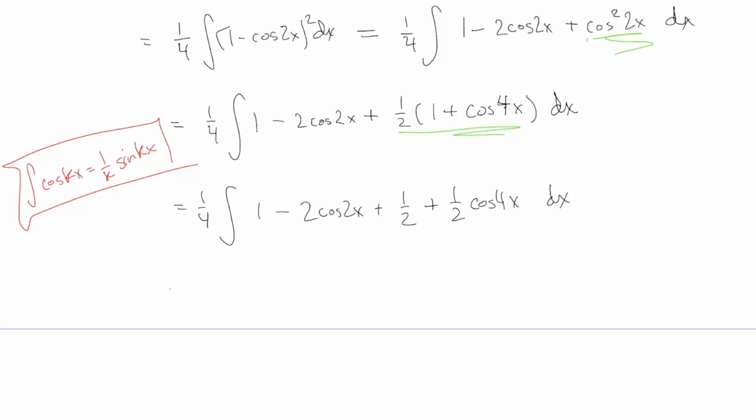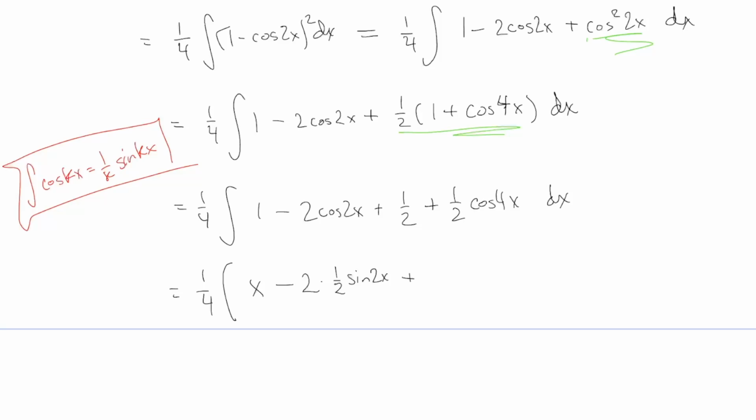So anyway, this becomes 1/4 out front. I'm doing the integral now. We better put parentheses because the 1/4 has to multiply by everything. 1 becomes x minus 2 times cosine 2x, using the red formula in the box there with k equals 2, 1/2 sine 2x. Plus 1/2.